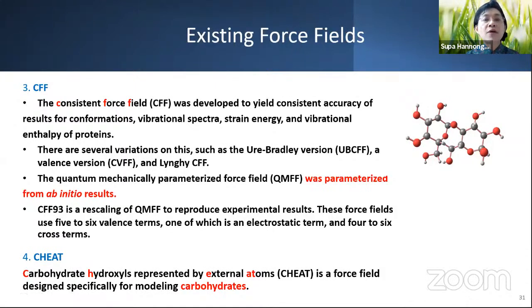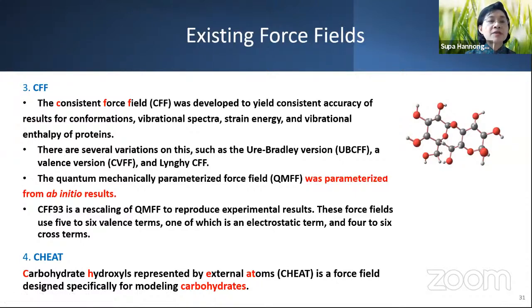There are several variations of this, such as UBCFF, CVFF, or Lynch CFF. You can see there are so many CFFs. And if you apply the quantum mechanically parameterized force field, QMFF, this is also very good. The parameterization comes from ab initio calculations.